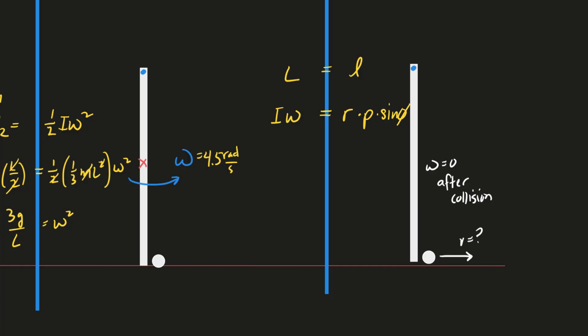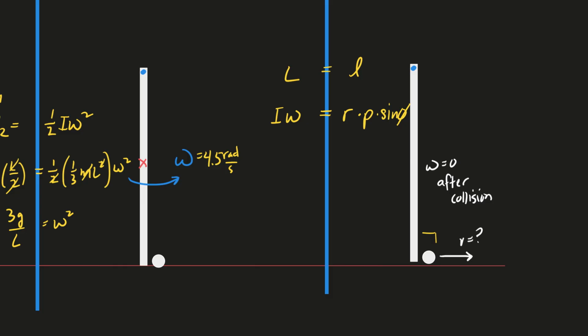And this value should stay constant with the ball as long as it's not experiencing an external force. And it will be a net force of 0 as it goes to the right, but we only care about the instantaneous moment after the collision. And at that instantaneous moment after the collision, the velocity is going to be at a right angle to the bar, and the ball is the length of the bar away from the pivot point.